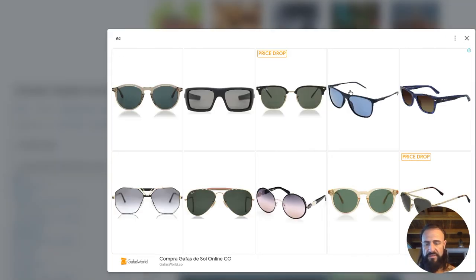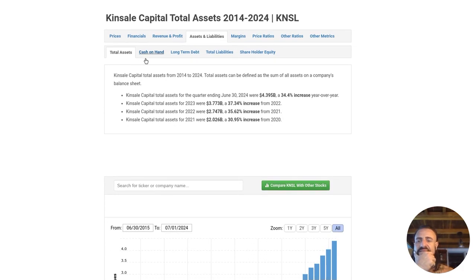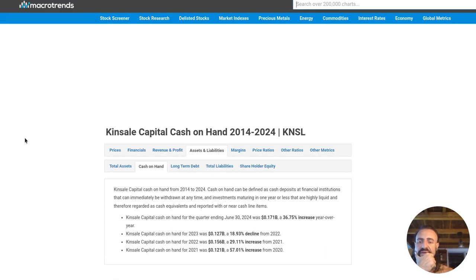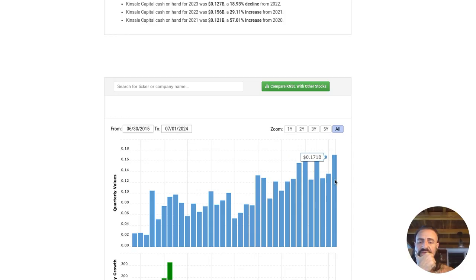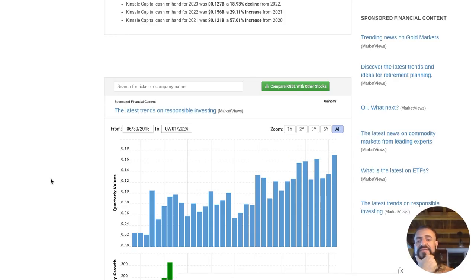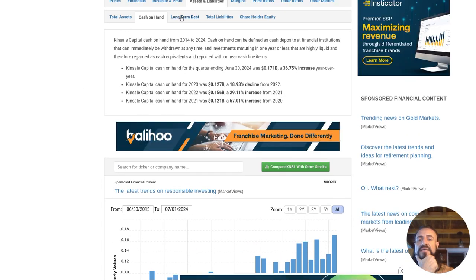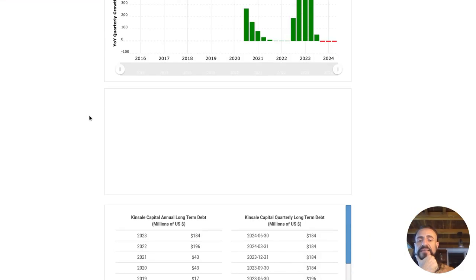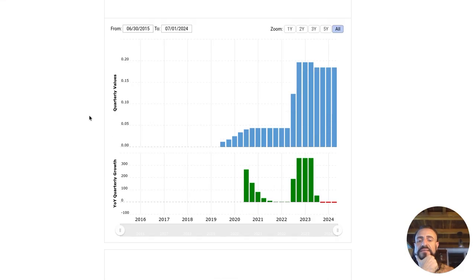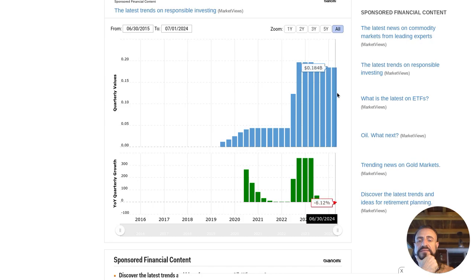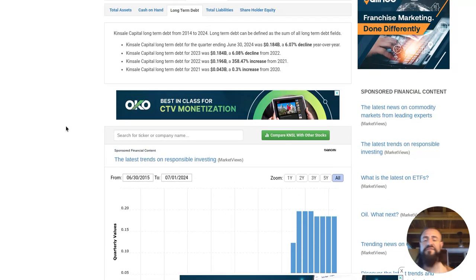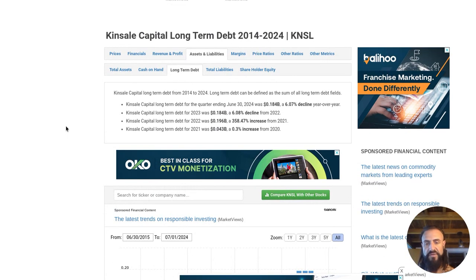Let's go look at the assets and liabilities. Cash on hand, about 170 million. Debt, $185 million in debt. But for an insurance company, I think that's pretty normal.